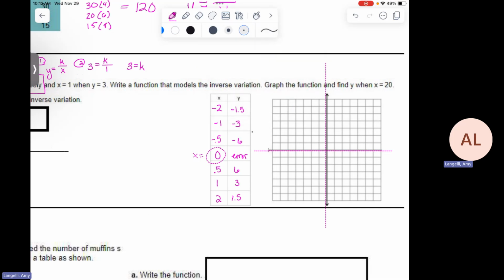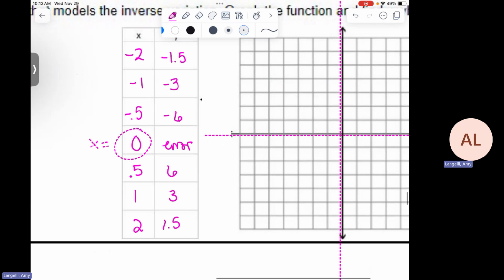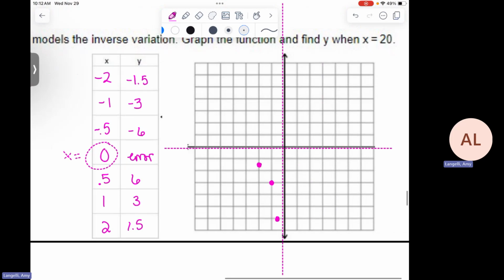All right. Negative 2, negative 1.5. Negative 1, negative 3. Ooh, 4, 5, 6. Just getting that nice little shape in there, and that kind of curve.